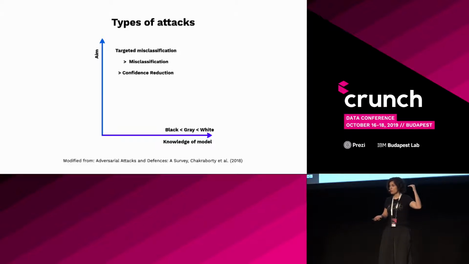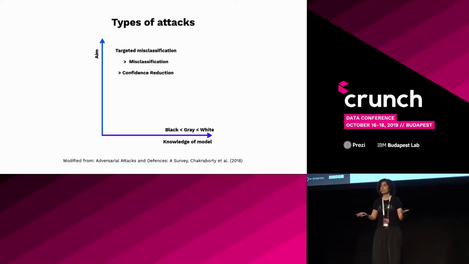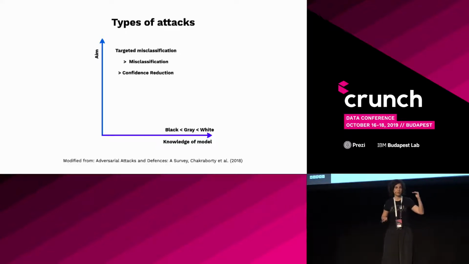The next level up in harshness of your attacks is managing to get the wrong prediction. So like in the case of the turtle, or like in the case of the stop signal, if we get the wrong prediction, if we get, well, this is not a turtle, this is a rifle, or this is the wrong kind of digit, this is the wrong kind of object, we're already breaking the system. And an even harder attack is where we know exactly the label we want to get out of the system.